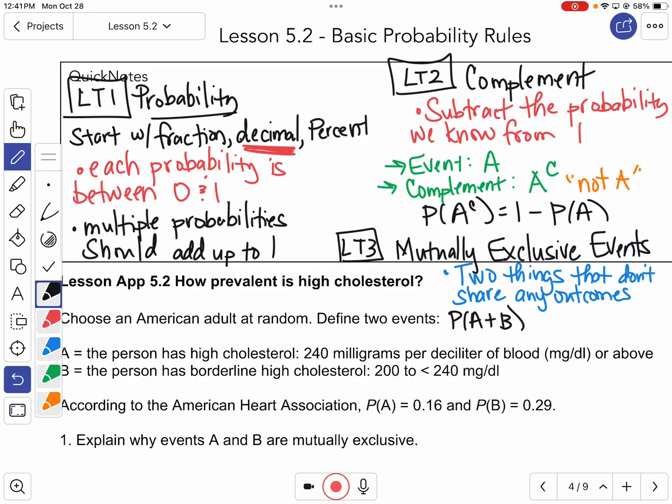Actually, let's just say it's or. Probability of A or B. And that P just means probability anytime you see that. It's the probability of the first one plus the probability of the second one. That's referred to as the addition rule. We've got two things that don't share any outcomes. We just add those two probabilities together.